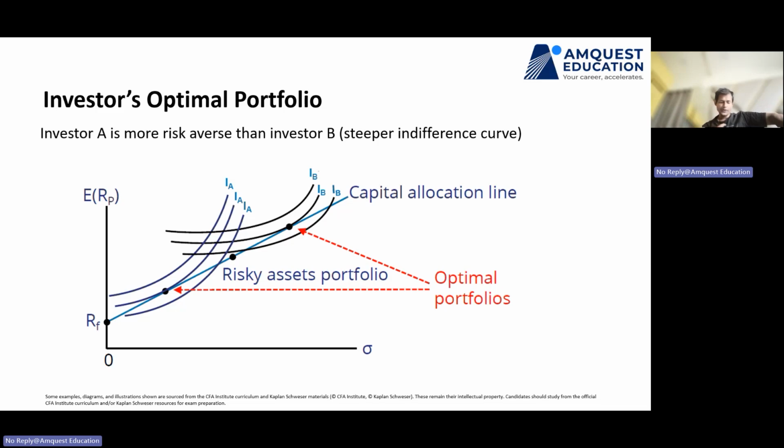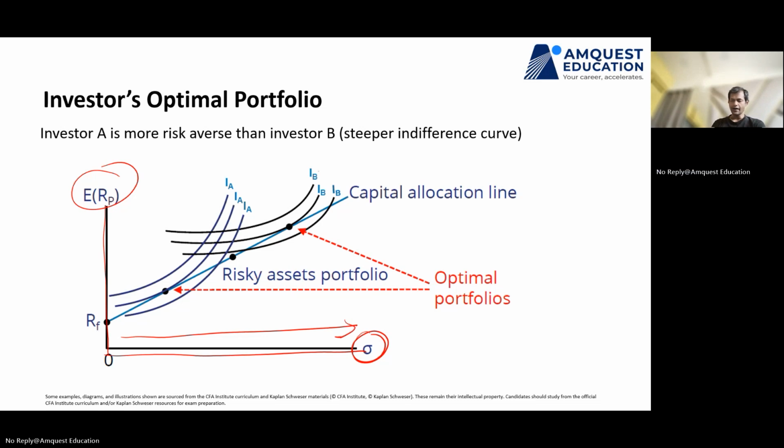Okay? Now, if you look at this, this is a bit of economics, right? You do know that risk and return is always going to go hand in hand, right? If this is my x and y axis, ये मेरा risk है, ये मेरा return है. When my risk is increasing, I will want more return, right?